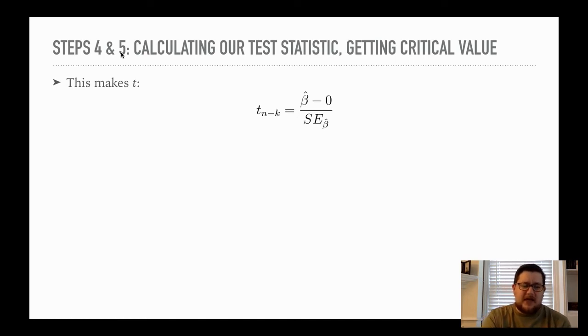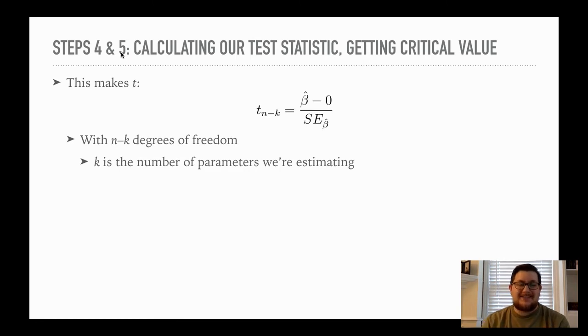Now, what is that little n minus k? Well, that's our degrees of freedom. k is the number of parameters we are estimating. In bivariate regression, we're estimating 2 parameters, beta and alpha. So degrees of freedom is n minus 2 in bivariate regression.